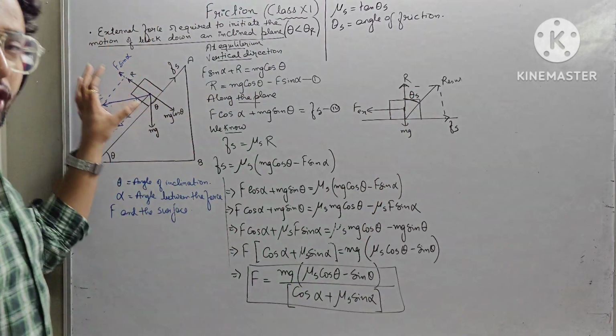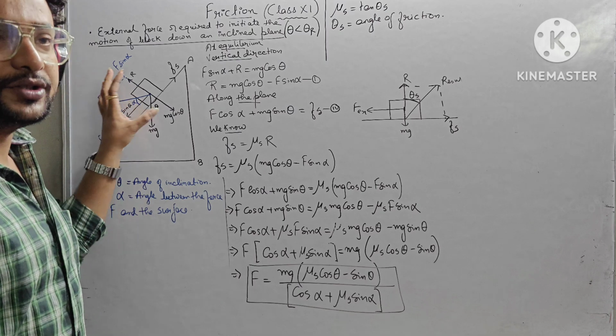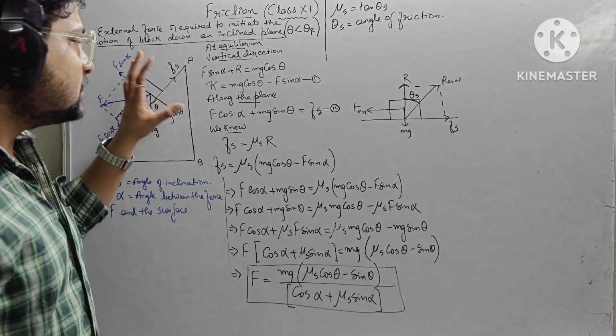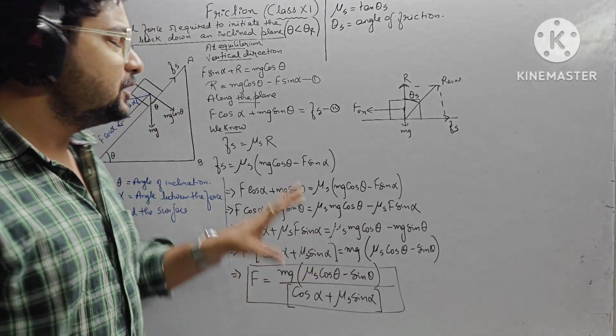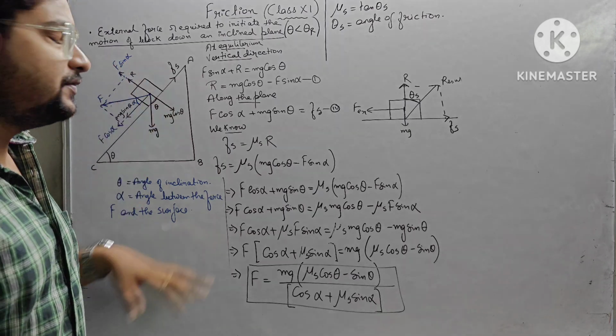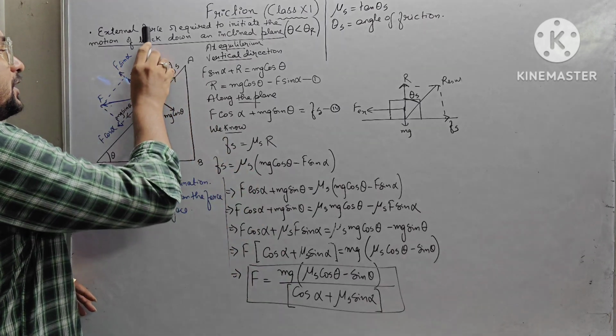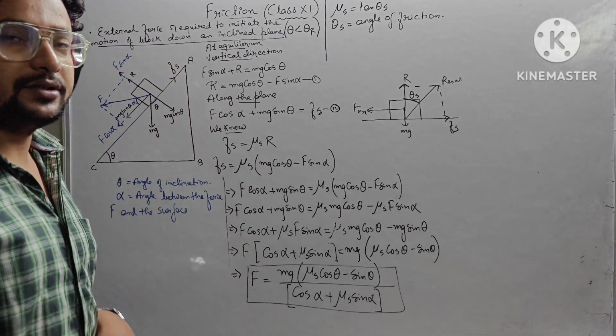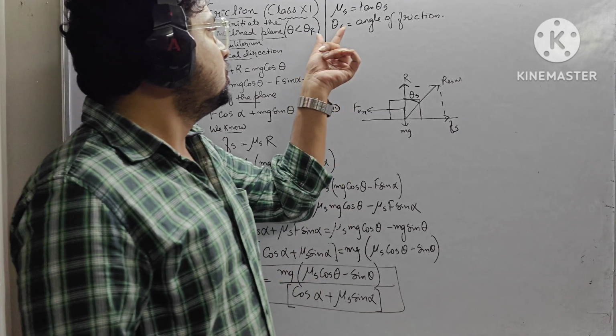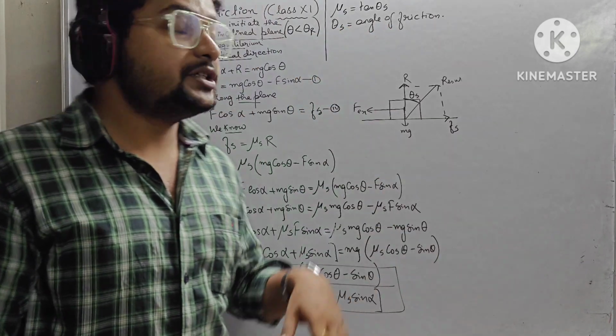Over here I have not marked the angle of friction because it will make the diagram complicated. The angle of friction will be somewhere over here in this direction. So theta s is equal to the angle of friction.